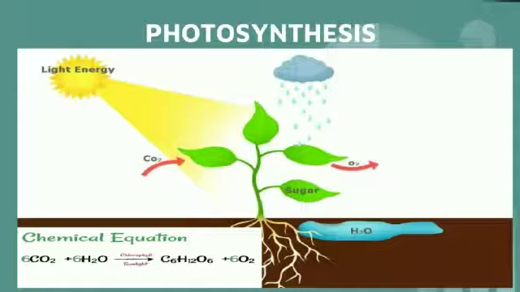Their mode of nutrition is called autotrophic nutrition. Examples for autotrophs are green plants, blue-green algae, etc.